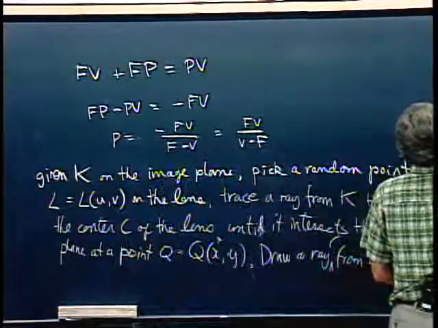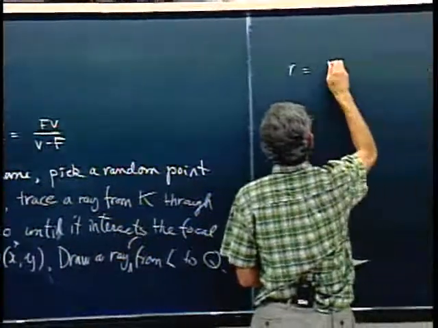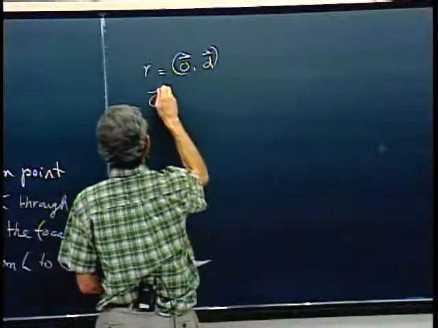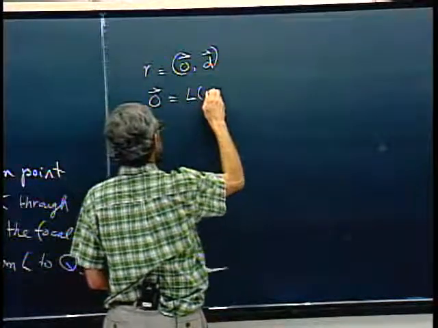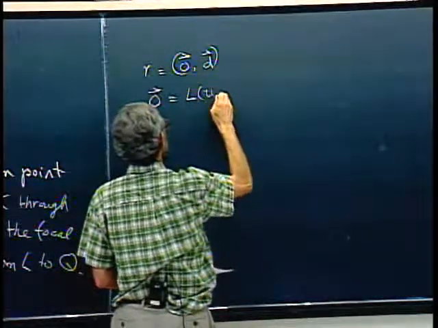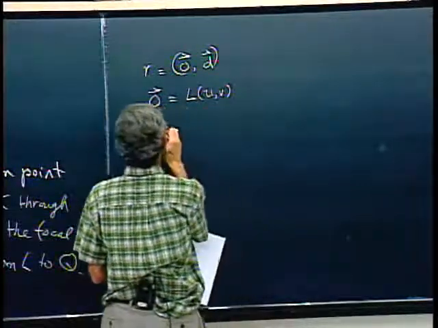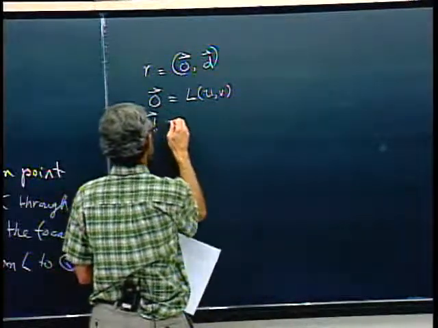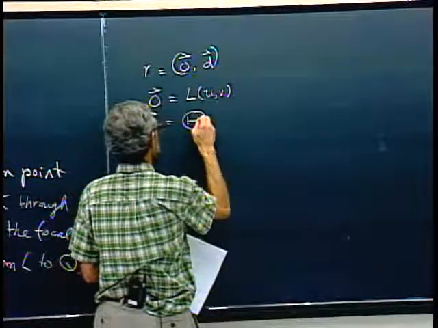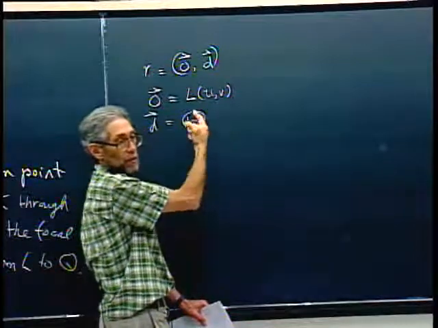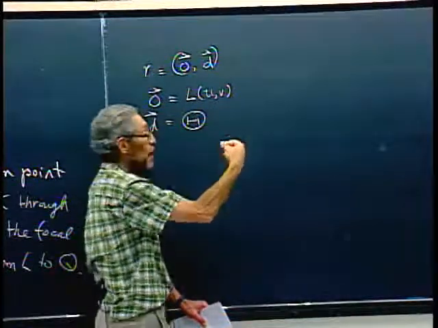The ray R has an origin and a direction. The origin of the ray is just this point L, which depends on the parameters in the lens plane. And the direction, we can say its direction capital theta. Eventually it's going to be the light coming into the lens from the environment. So I'm sort of using the book's notation for the incoming light direction.